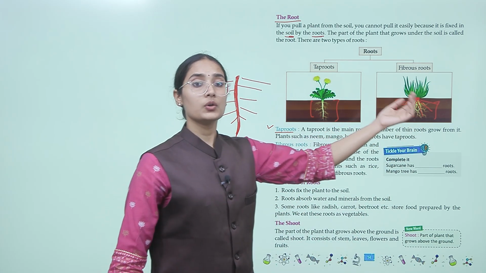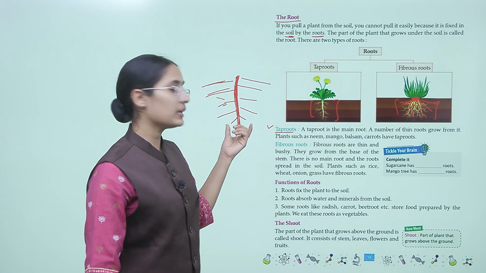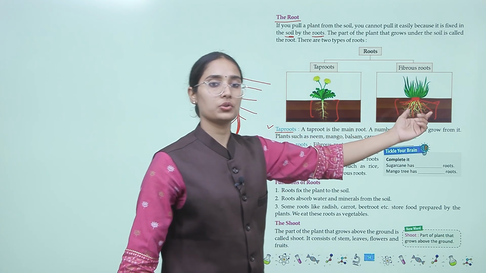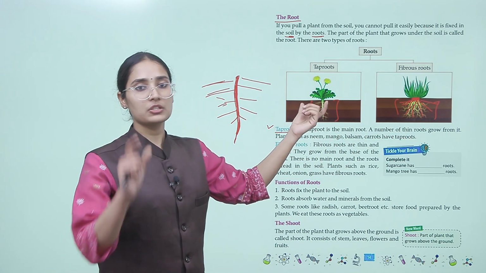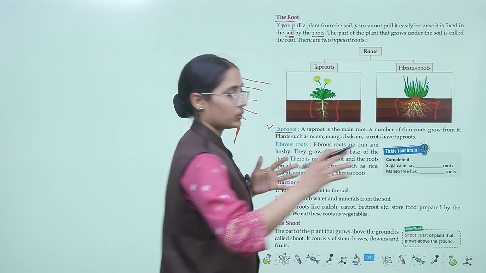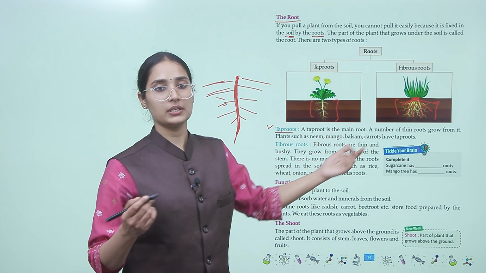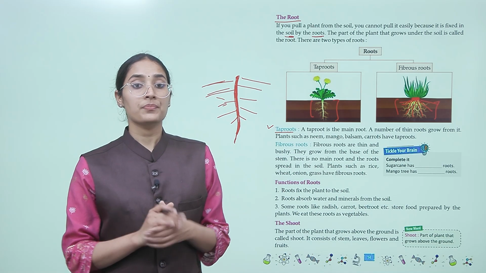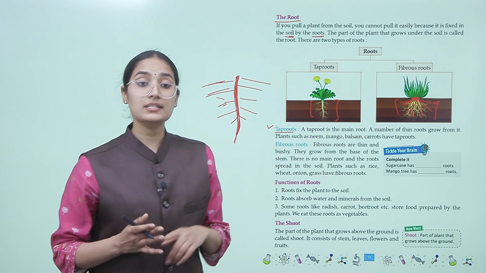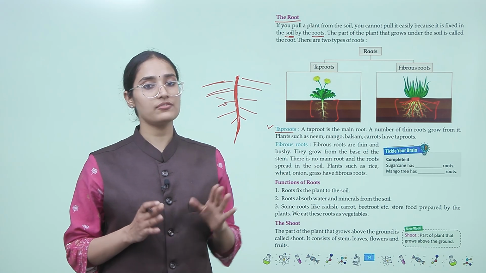No root is called the main root, okay? There is no such concept as main root in fibrous root. Only in the taproot there is one main root. Fibrous root looks bushy, okay? We get to see fibrous roots in rice, wheat, onion, and grass.